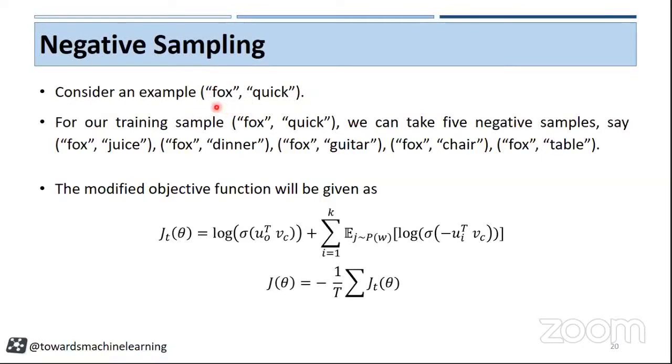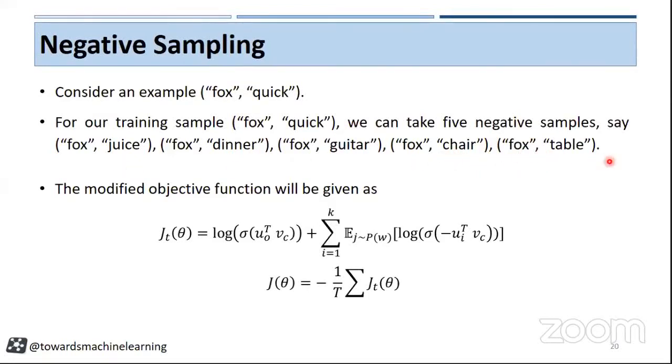If it is appearing in your data set, you give this pair the label 1. But to do the back propagation, we have to randomly sample some pairs that are negative, in the sense that they are not present in our data set. Like Fox and dinner, Fox and guitar, Fox and chair, Fox and table.